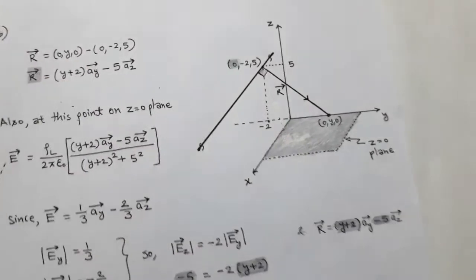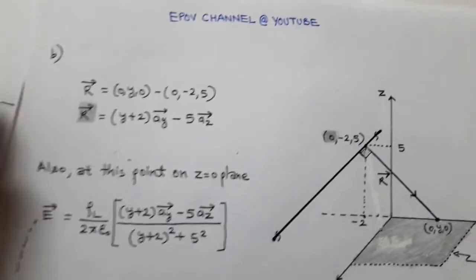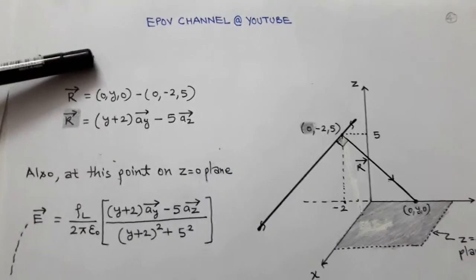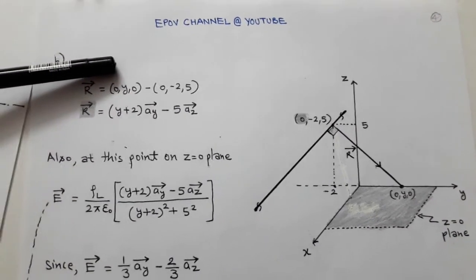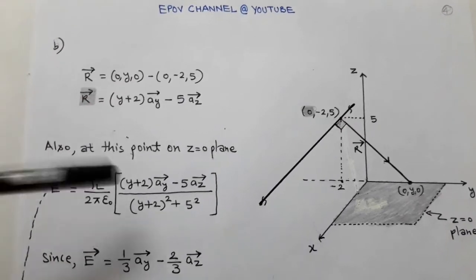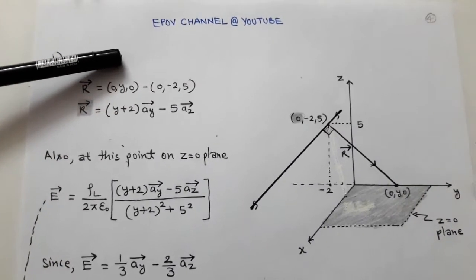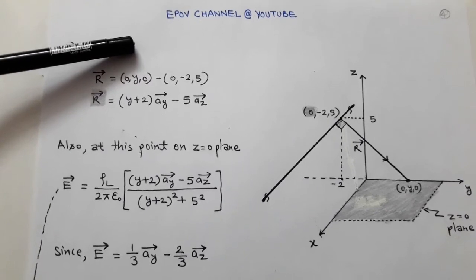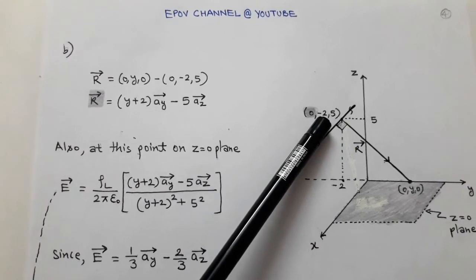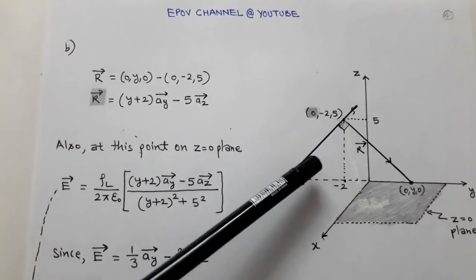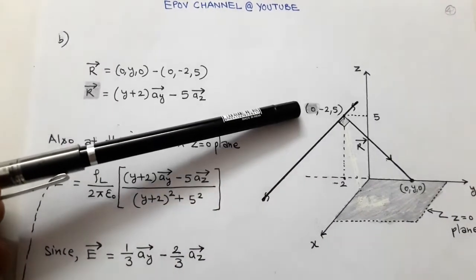So here in the z equals to 0 plane, the z coordinate is 0, and the point 0, -2, 5 is given. The line charge passes through this point that is given in the question.